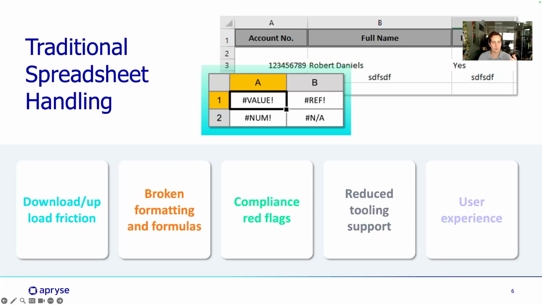We're starting to see some reduced tooling support for web applications that are incorporating an Excel viewer, a JavaScript Excel viewer. For example, Microsoft's Office Online Server is being deprecated, or rather end-of-lifed, later this year in October. And Office Online Server allows you to take Office 2016 or Office 2019 and put it into a web application.